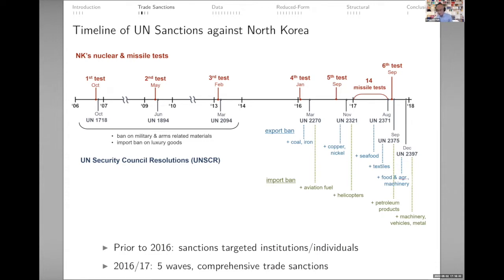Whereas after 2016, the sanctions are now more broadly applied. In particular, it's a ban on North Korea's trade with the rest of the world. So our paper is going to be focusing mostly on the sanctions that were imposed in 2016 and 17, banning most of North Korea's trade.